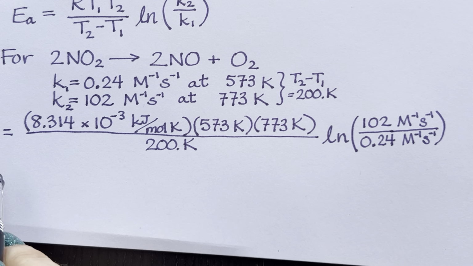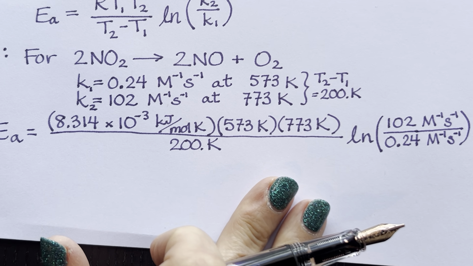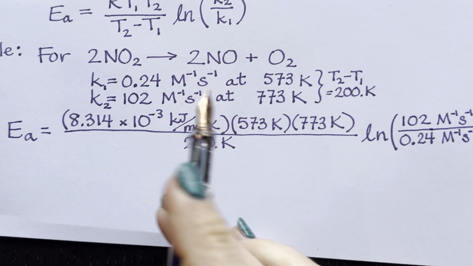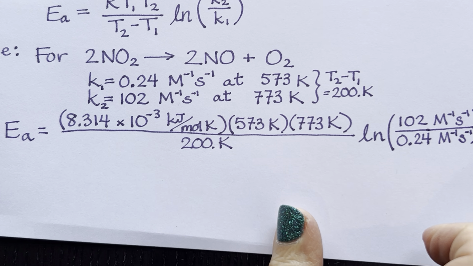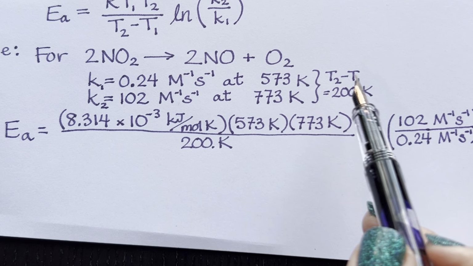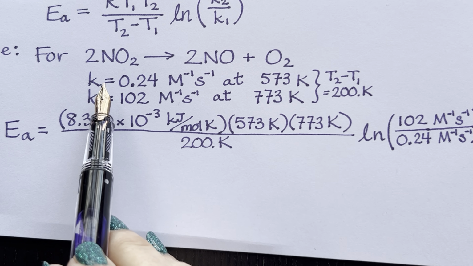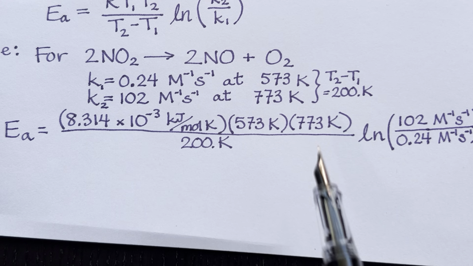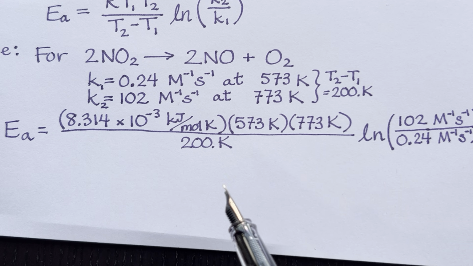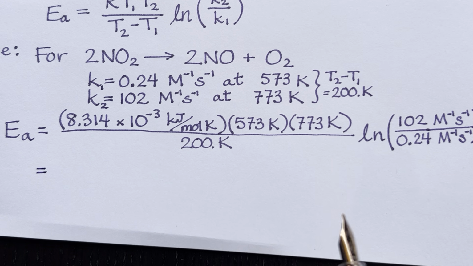So we would still end up with a positive activation energy. So it works out either way. Okay, just make sure you keep them straight. Which one you're calling 1, K1, that goes with temperature 1. K2 goes with temperature 2. Alrighty, put in these values.